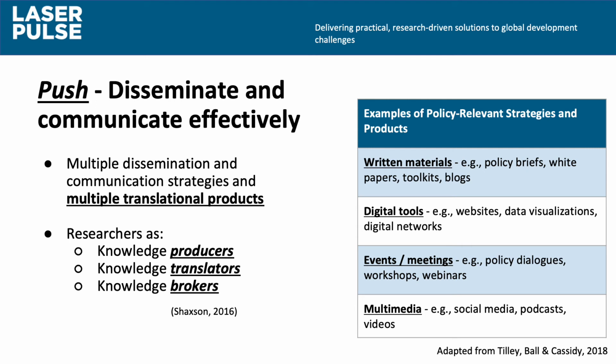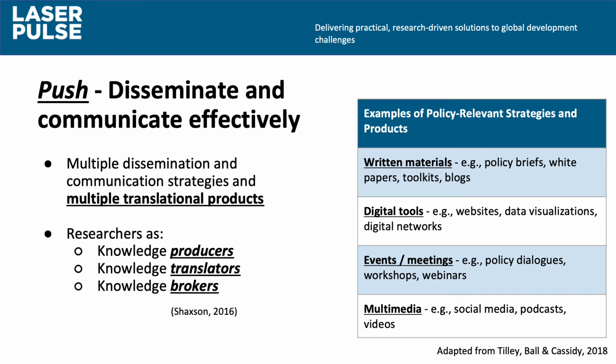And you should also consider multiple translational products. Translational products can take many different forms, but should be tailored to your specific audience based on what you want them to take away from the research and how best they receive information. A few examples of translational products that are particularly relevant for policy impact are provided in the table on the right.